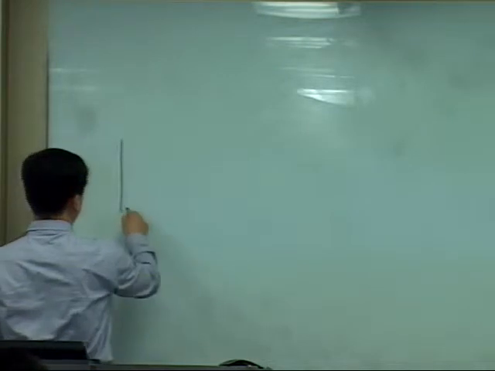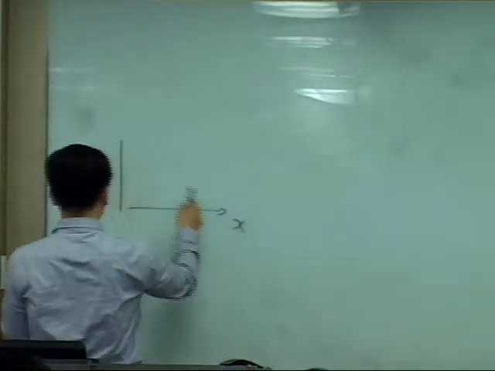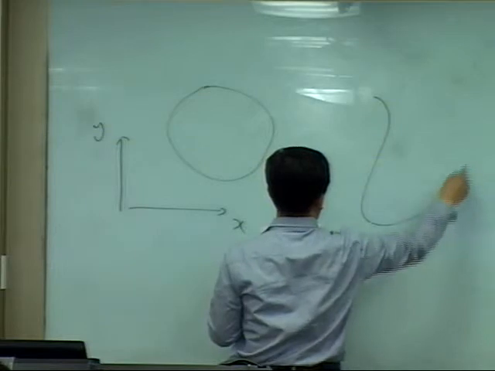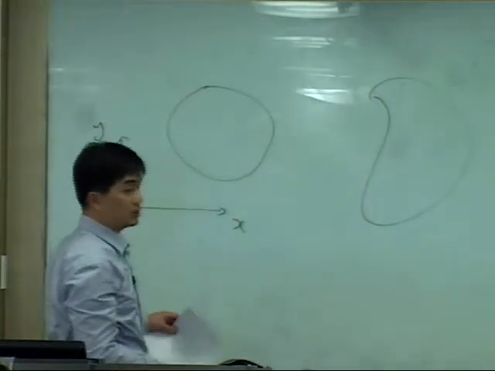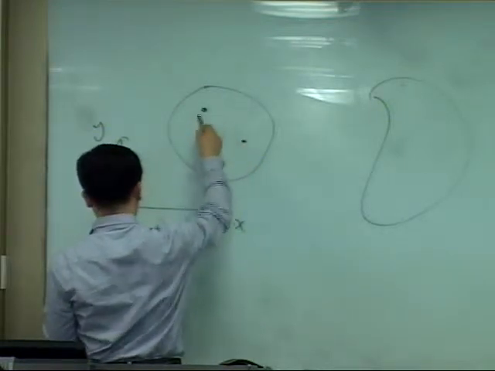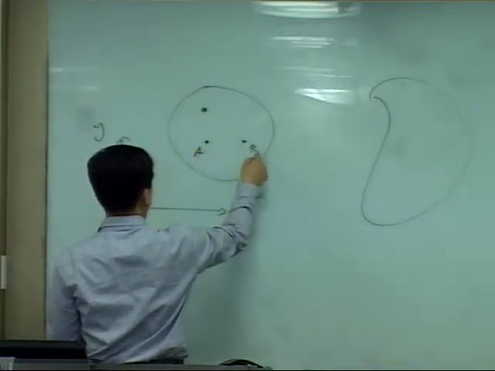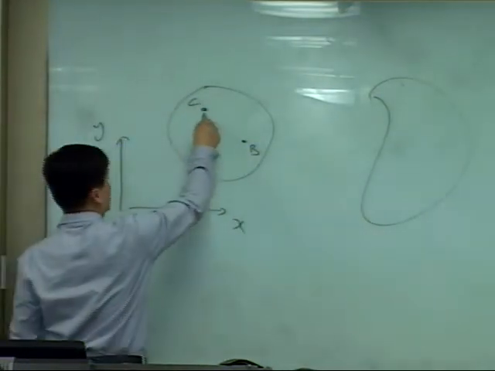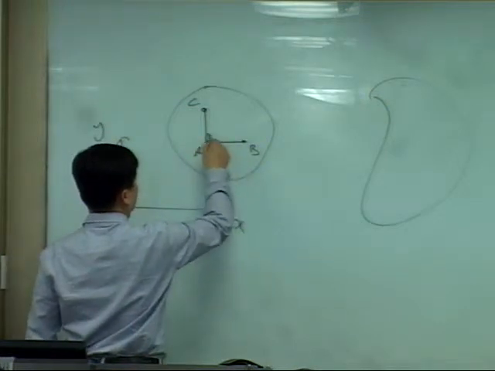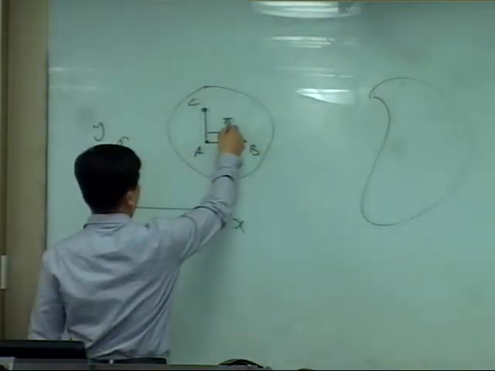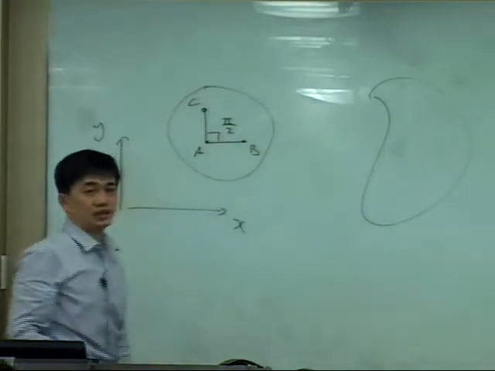let's consider two dimensions in the X and Y plane. This is the original body, and this is the deformed body. In the original body, we have 3 points A, B, C. These 3 points A, B, C can define the angle pi over 2, 90 degrees, right?